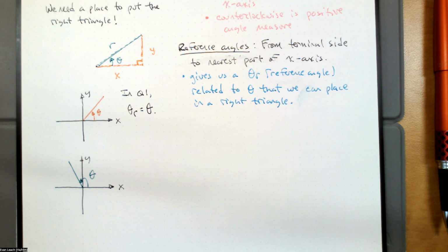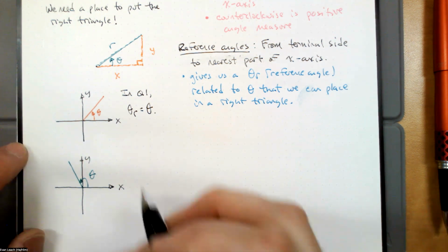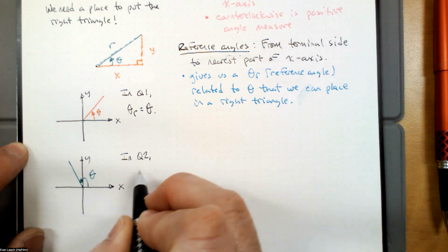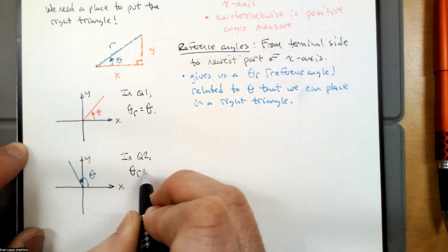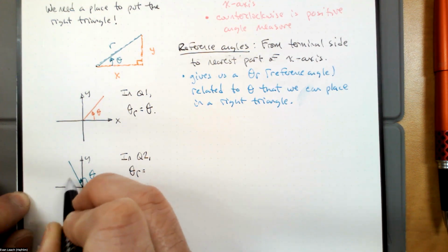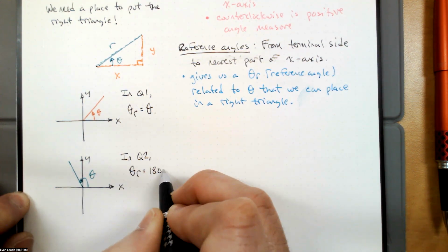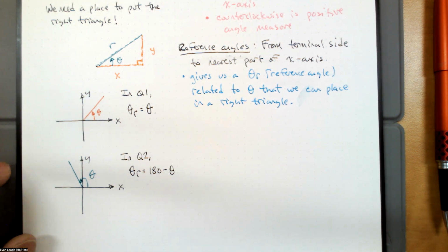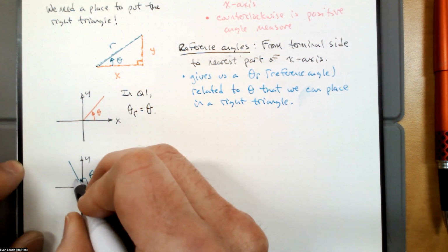So we're just going to drop straight down to the negative x-axis because that's where we could put a right triangle. Our reference angle is going to be 180 minus the angle theta. Our reference angle is going to be in here.